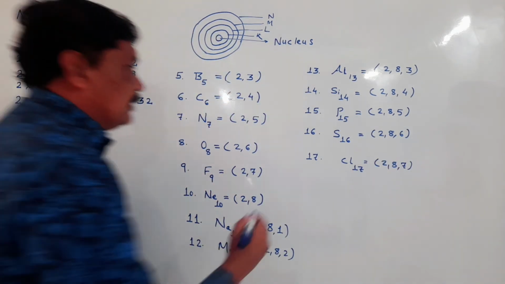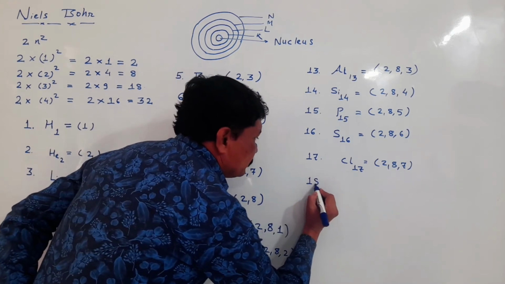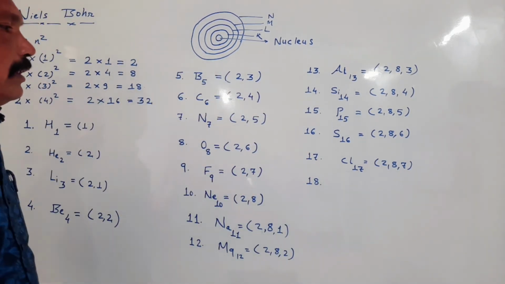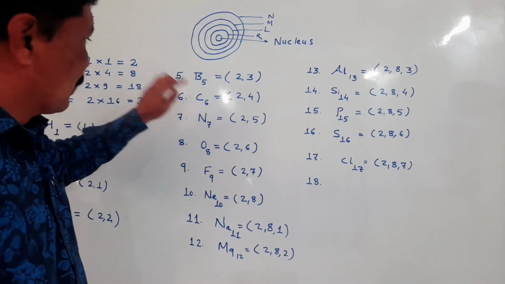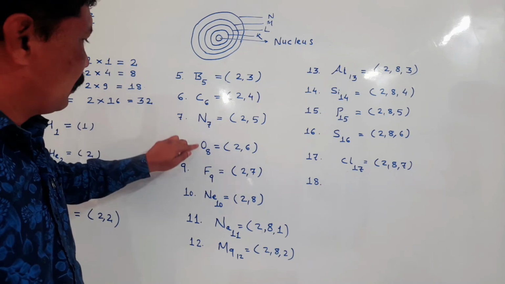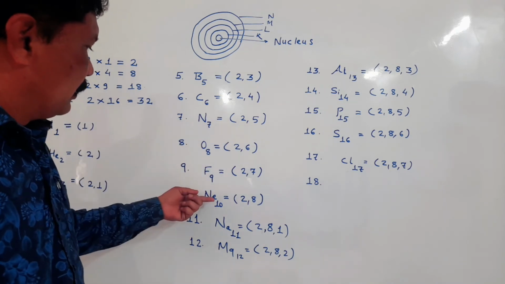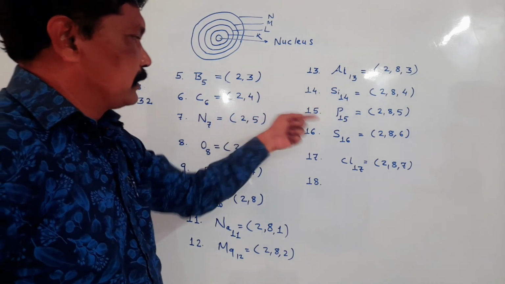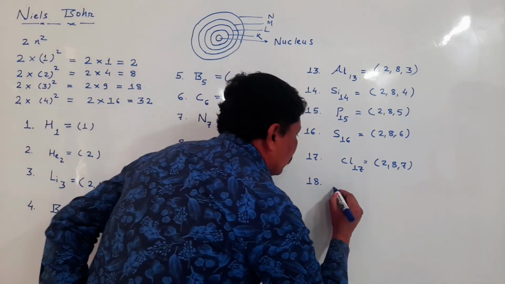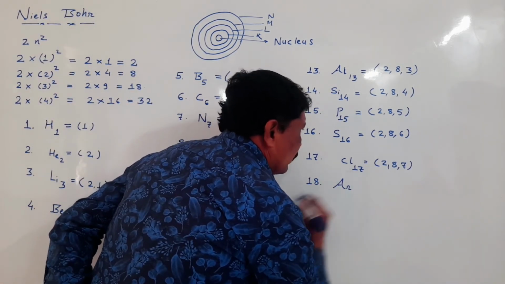The next element, let's study. My dear student, here the next element will be hydrogen, helium, lithium, beryllium, boron, carbon, nitrogen, oxygen, fluorine, neon, sodium, magnesium, aluminium, silicon, phosphorus, sulfur, chlorine and argon, Ar.